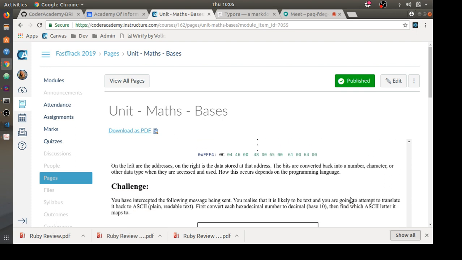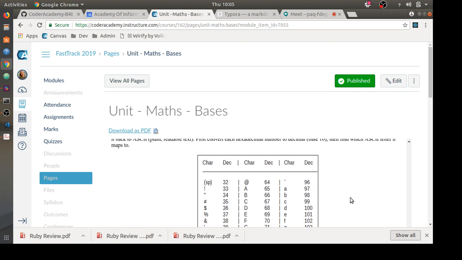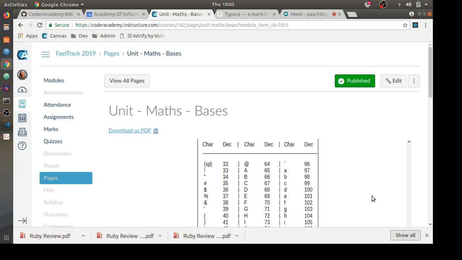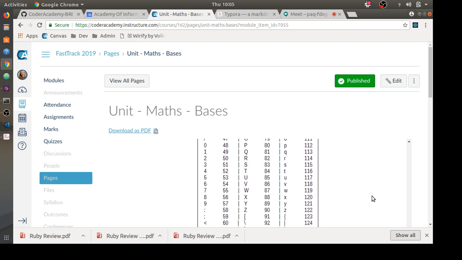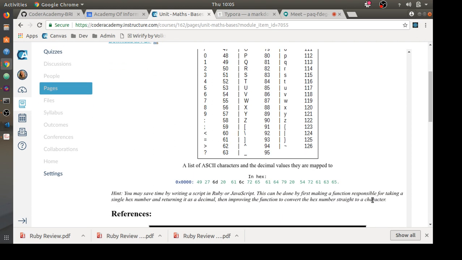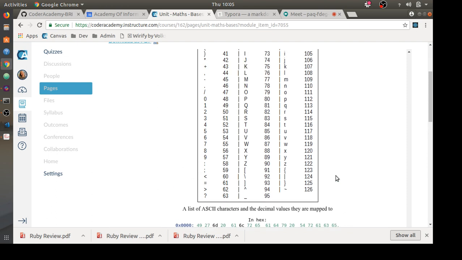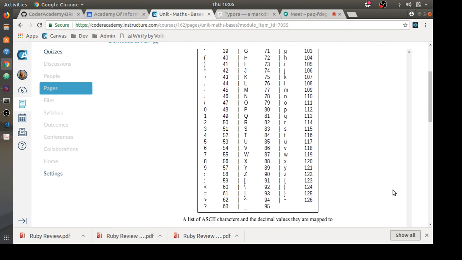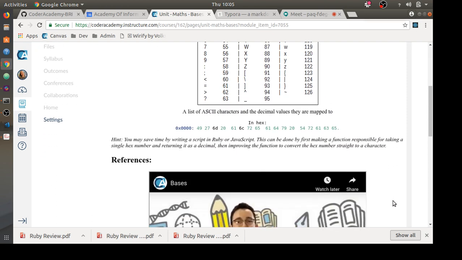And then there's a kind of fun challenge, I think. It's like a decoder challenge. It's not as exciting as it sounds maybe, but you'll take this string here in hex and then convert it to base 10 and then look up the letters and find out what the message is, right? So that'll be fun.